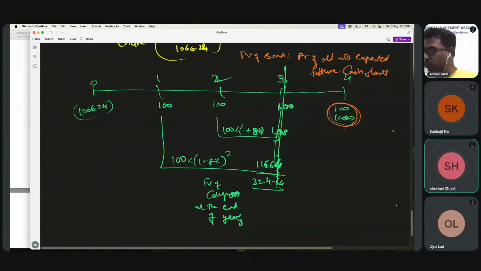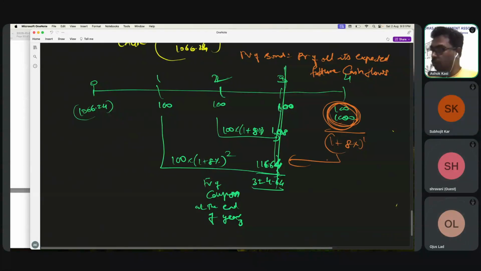So what will you expect in future? This is what you are expecting in the bond. What is its present value? You will discount it. Calculate. 1018.5185. That means when you sell, you will get 1018.